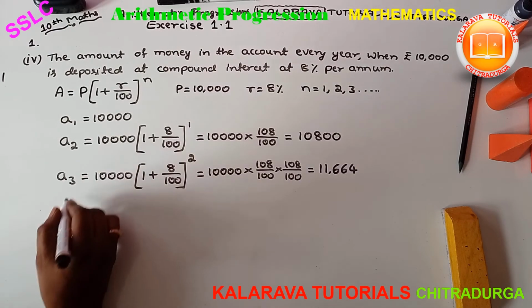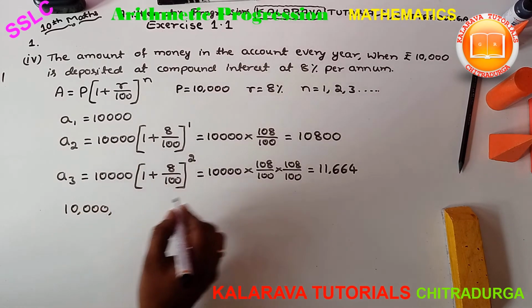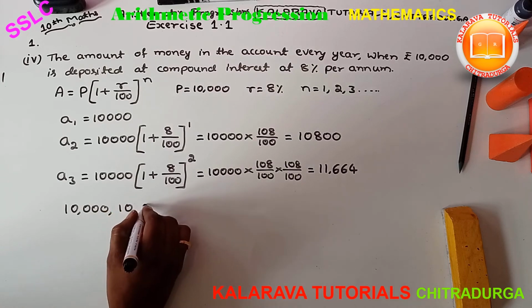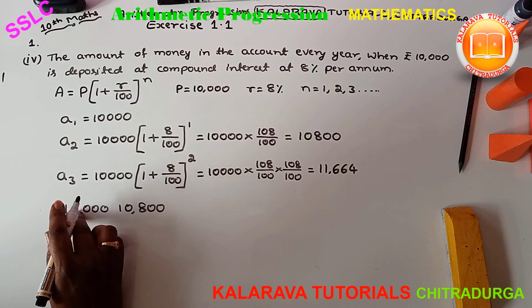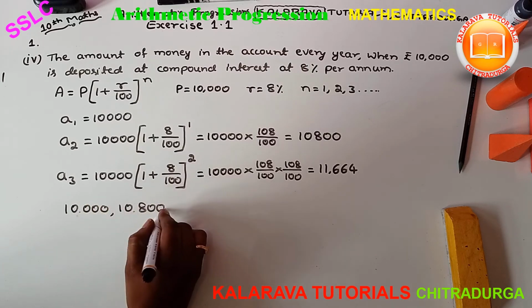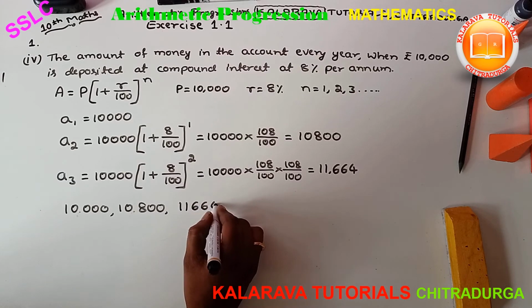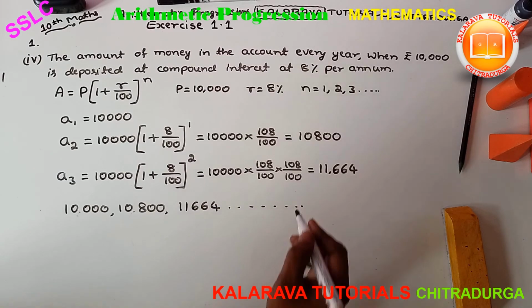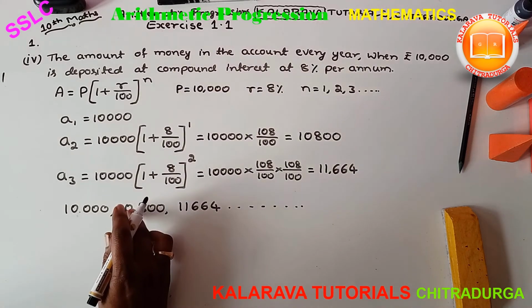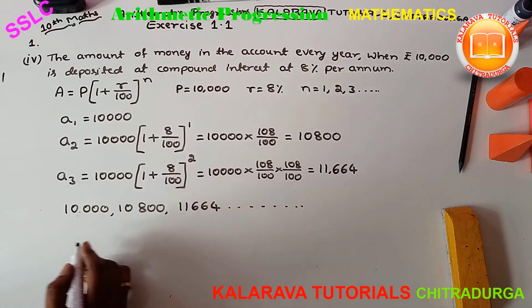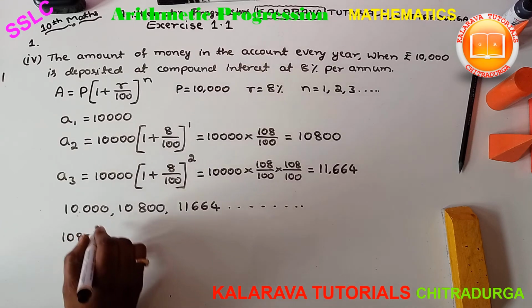Here you observe the first term is 10,000, the second term is 10,800, and the third term is 11,664, and so on. Now we find the difference of the terms.